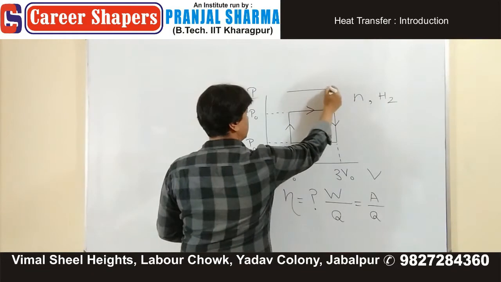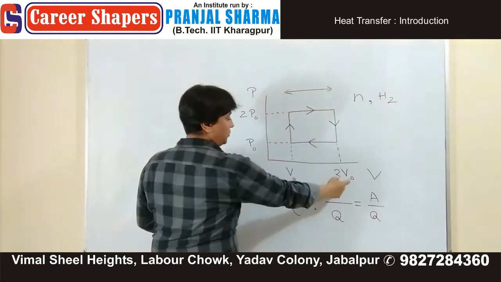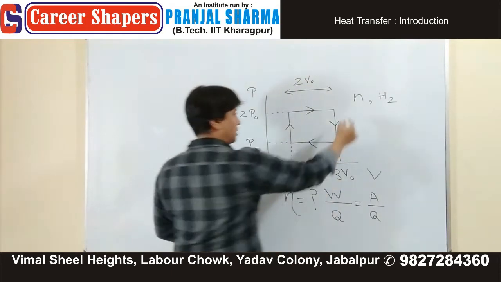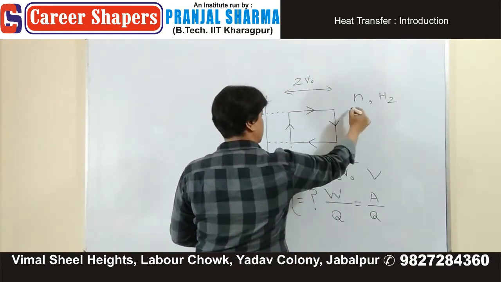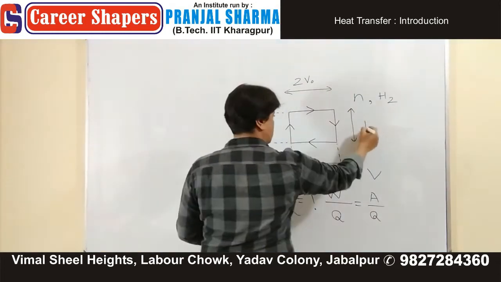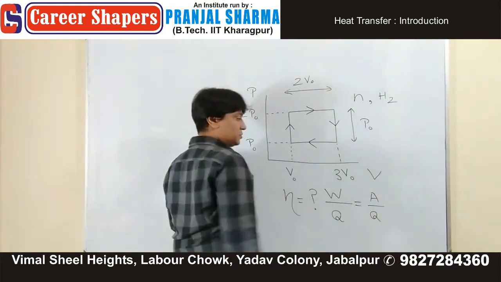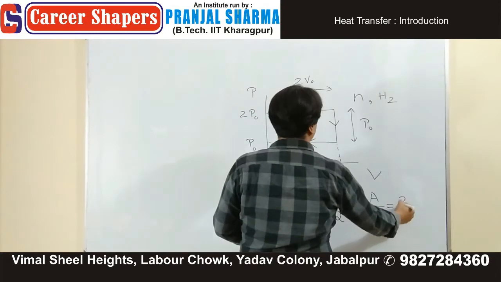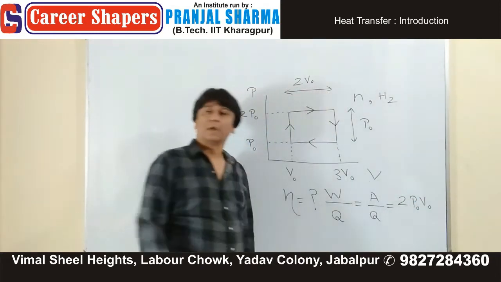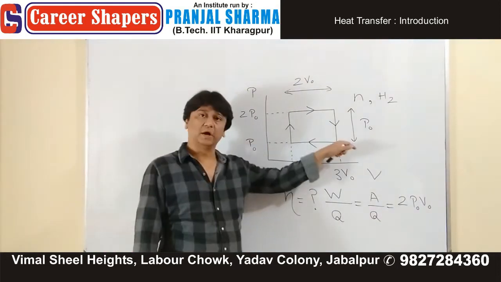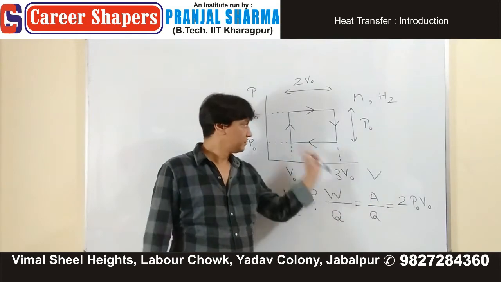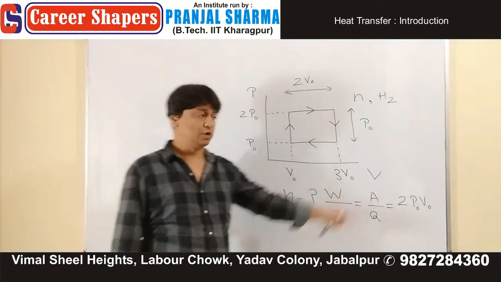What is this length? 3 V naught, V naught, 2 V naught. What is this length? 2 P naught, P naught, P naught. So the area is coming what? 2 P naught V naught. And since it is clockwise, take the work what? Positive. Clockwise, it's a positive work.